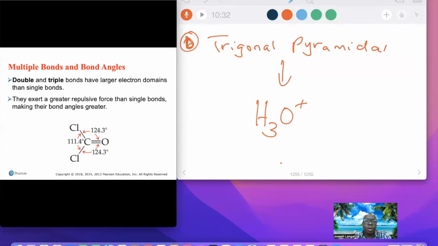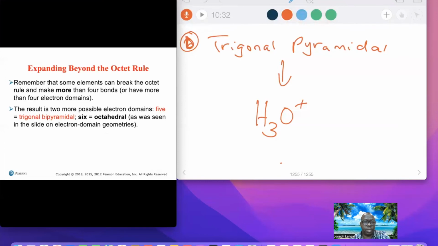That's all you need to know, the effect of the lone pairs on the central atom and the effect of the double bond or triple bond. We have a greater electron cloud in a double bond compared to a single bond, right?